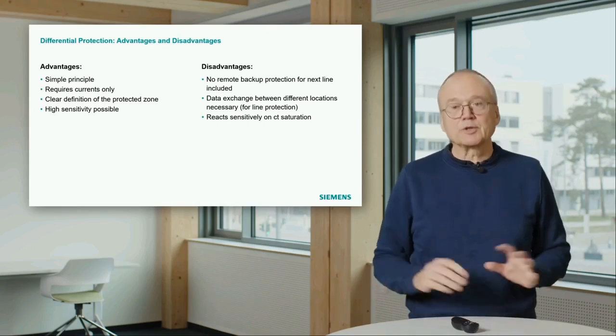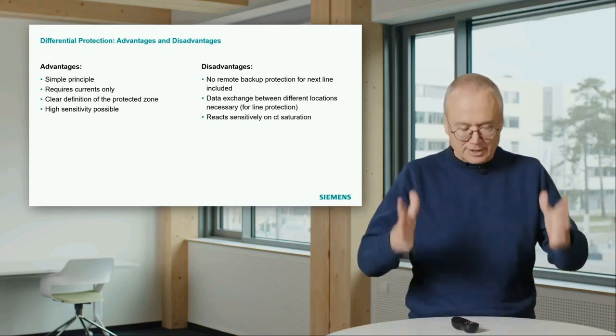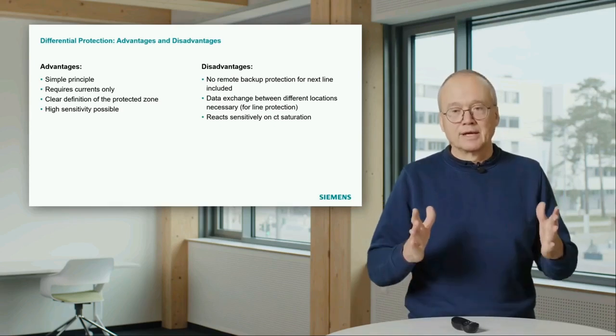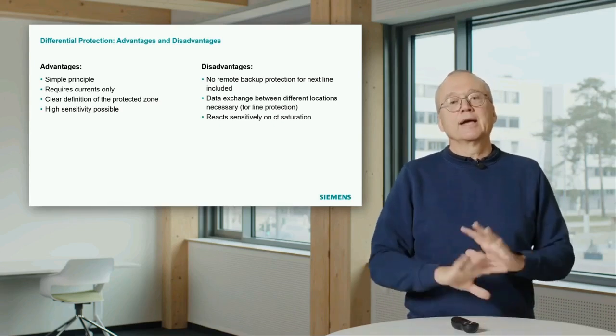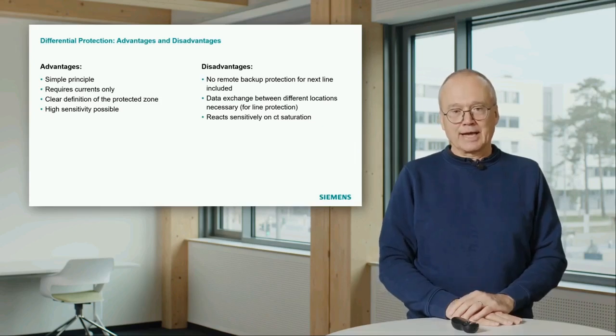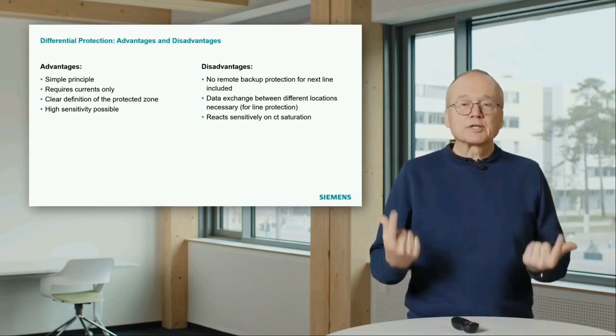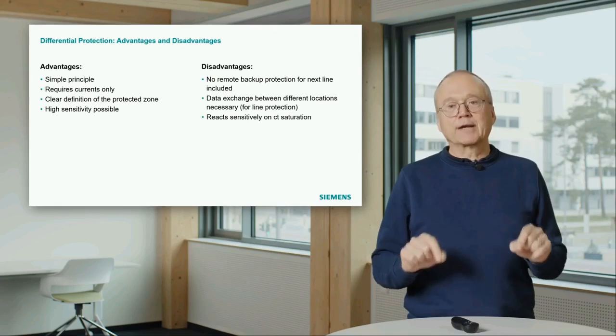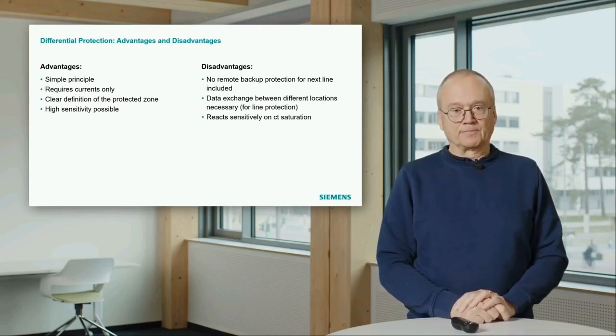That's not possible with differential protection. Differential protection just looks at its own line or transformer, and it's not interested in anything else. That means you must think about additional functions to do the backup.